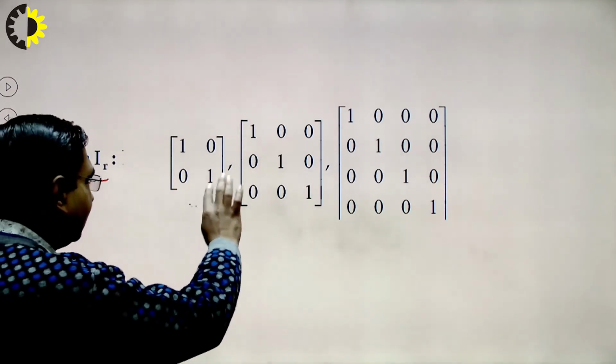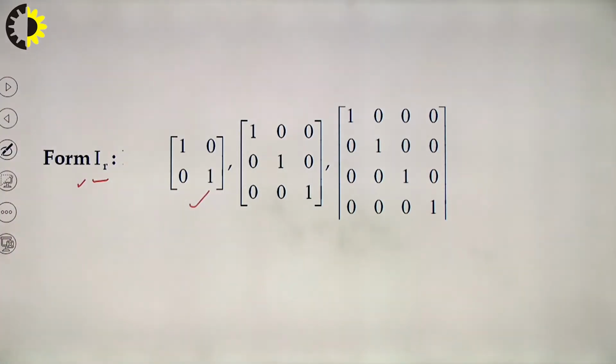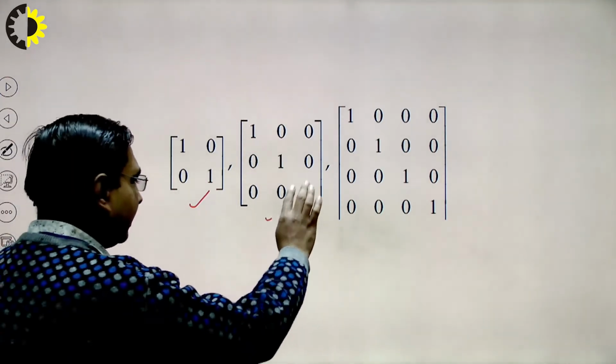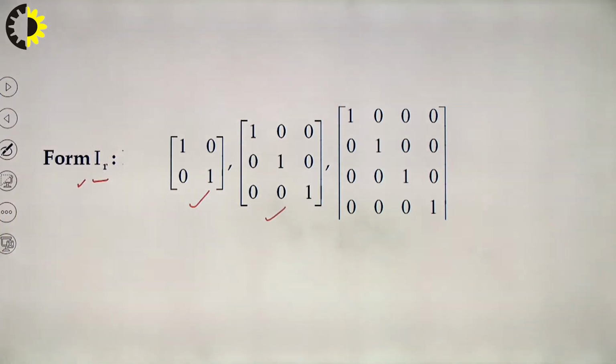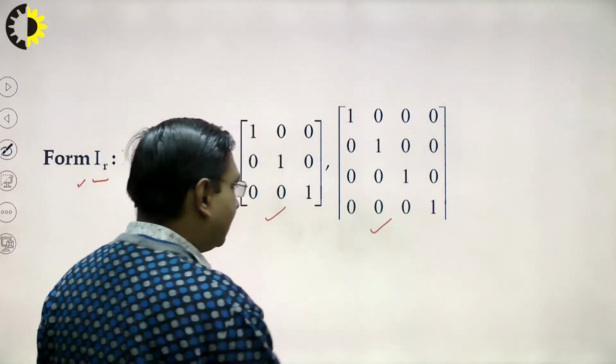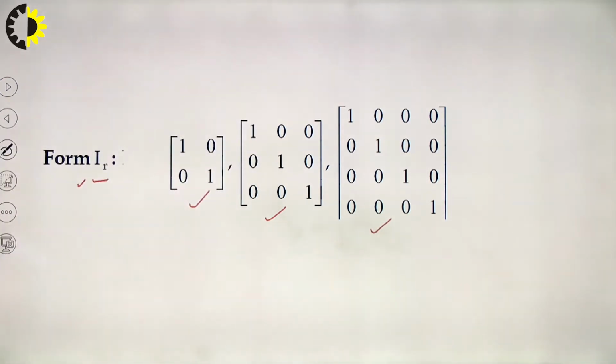As I already told, if a matrix is written as an identity matrix, then that matrix is in normal form. Thus, this is normal form because it is the identity matrix of order 2. It is again normal form because it is the identity matrix of order 3, and similarly this is again normal form because it is the identity matrix of order 4.